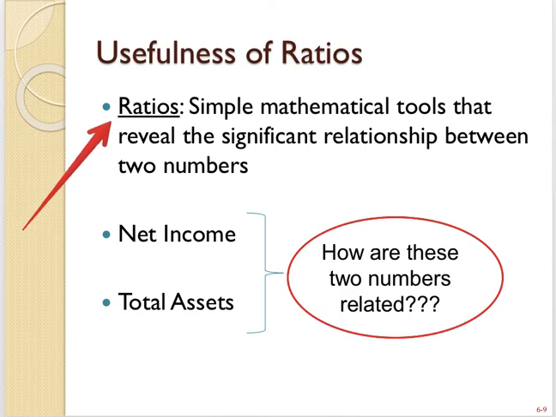Okay? And a ratio is a simple mathematical tool that reveals the significant relationship between two numbers. Okay? So these two numbers are related. So let's come up with a ratio or an equation that will show us the relationship between these two numbers. Okay?